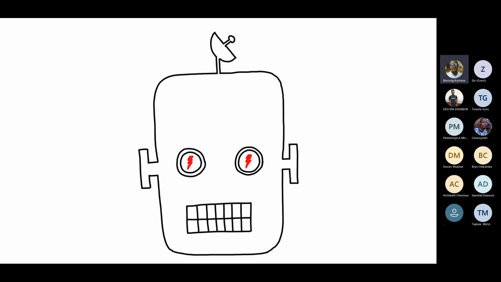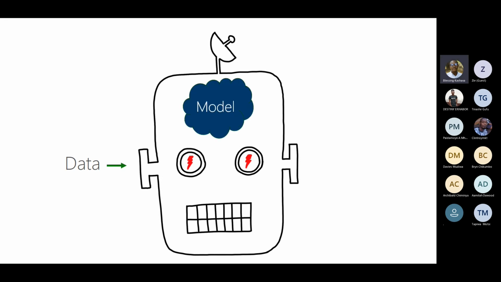The same with robots, machines, or computers, right? They take in some form of data, and then the machine learning model is what processes this particular information and gives some sort of solution based on the model that had been trained.